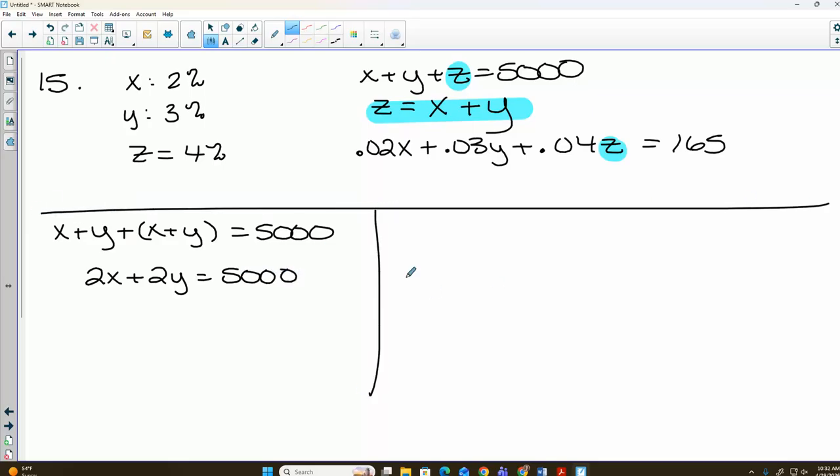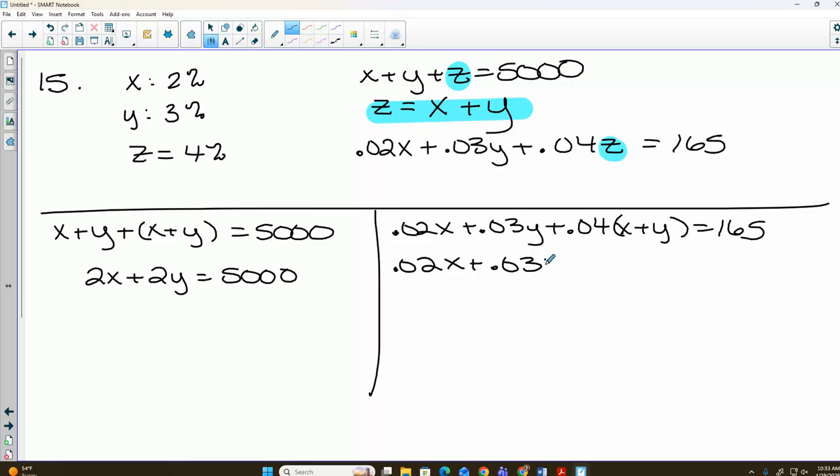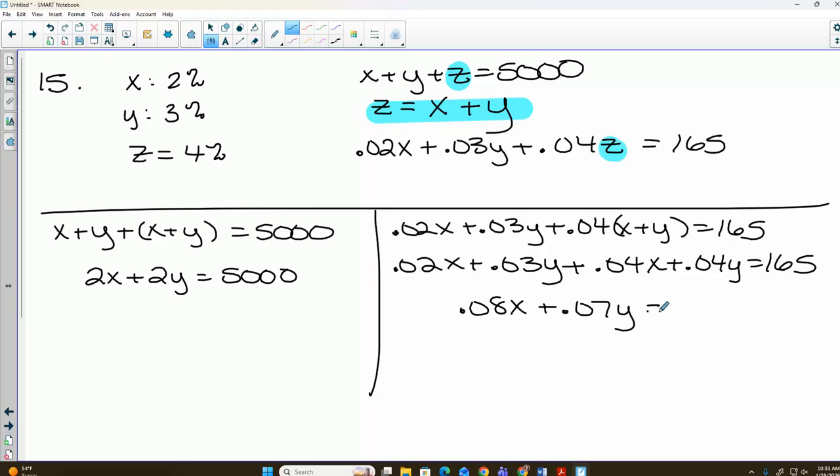I also need to put that into my last equation. So replace the z with x plus y. So we multiply out the 0.04, add like terms, we get 0.08x plus 0.07y equals 165.